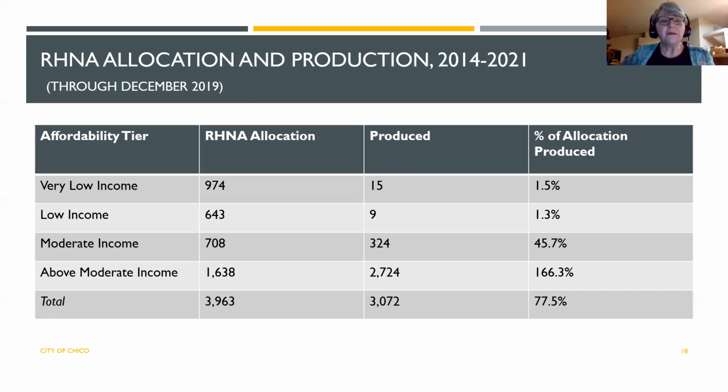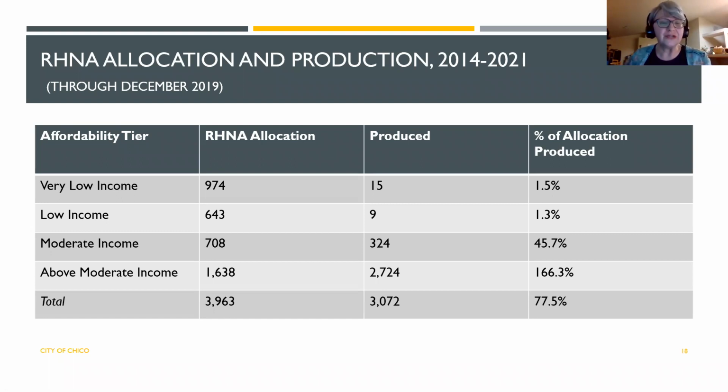So I want to talk about the RHNA, the Regional Housing Needs Allocation, for the current housing element, the 2014 through 2021, and production numbers through December 2019. So as I mentioned when I was explaining the RHNA allocation, when this is done, it is segmented by income levels, which you can see here in this chart. The far left column is the affordability tier.